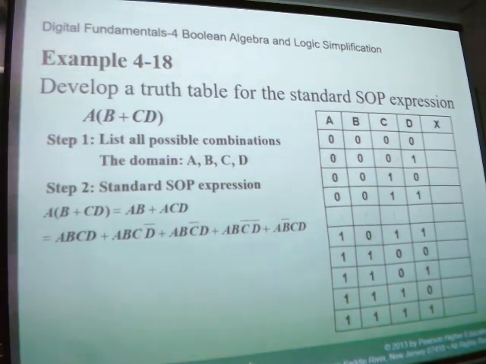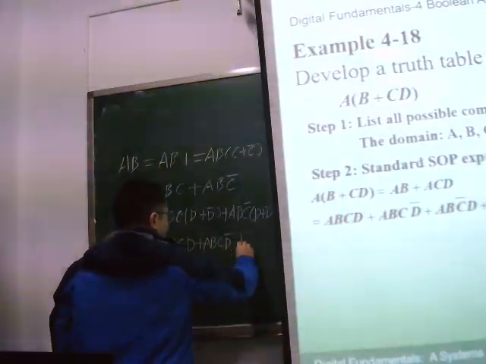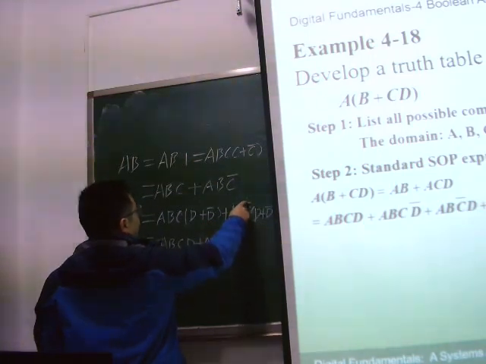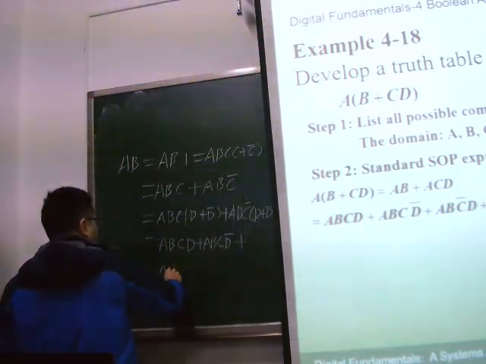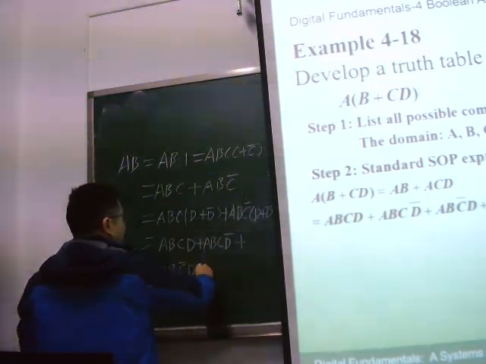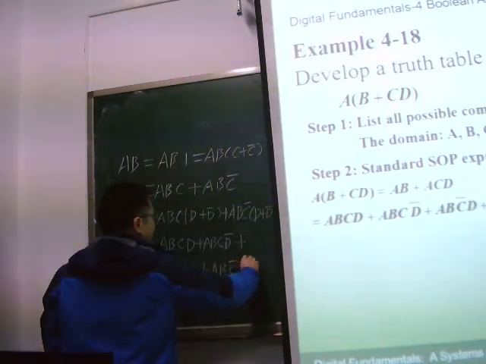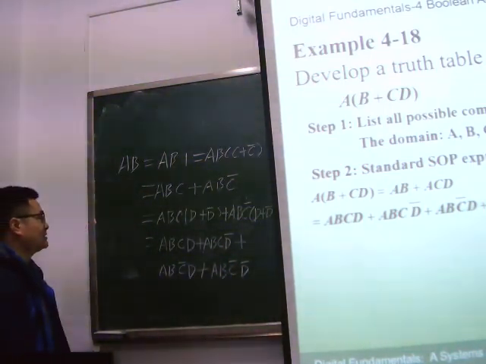And then it equals A, B, C, D plus A, B, C, D bar, plus A, B, C bar, D, plus A, B, C bar, D bar, right?